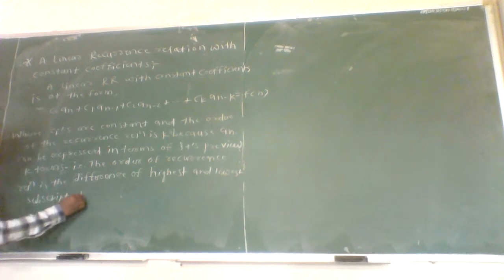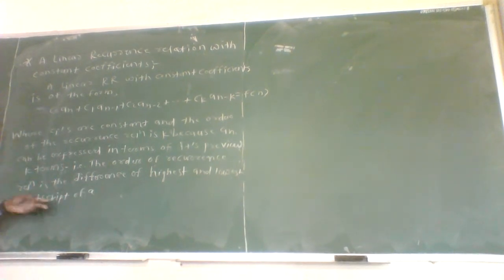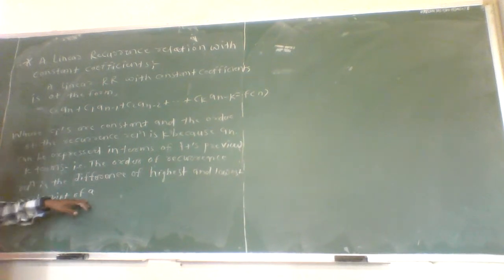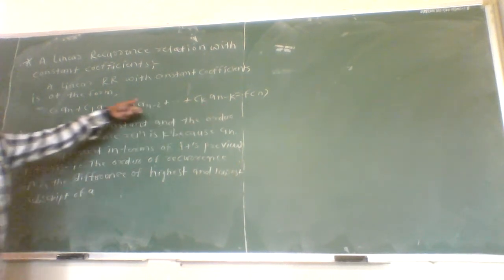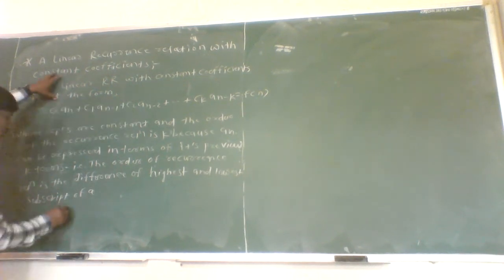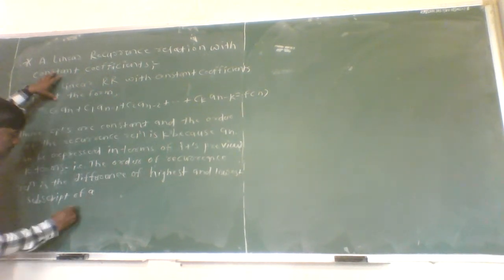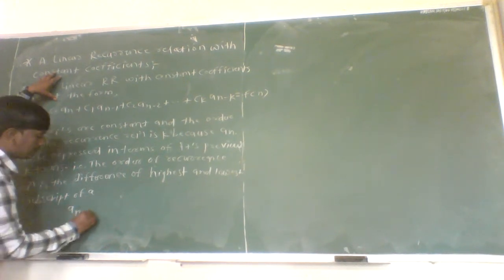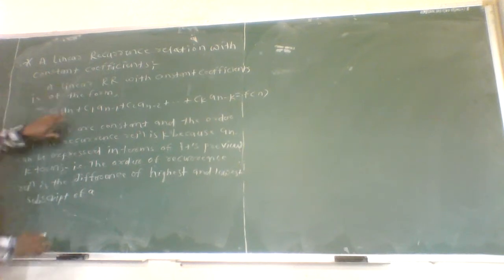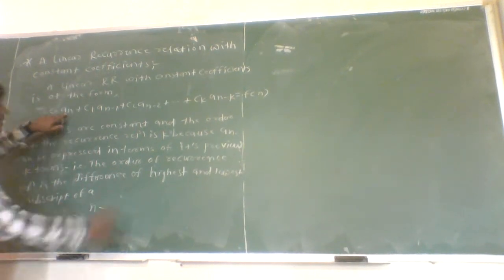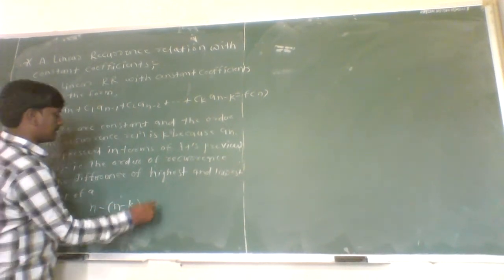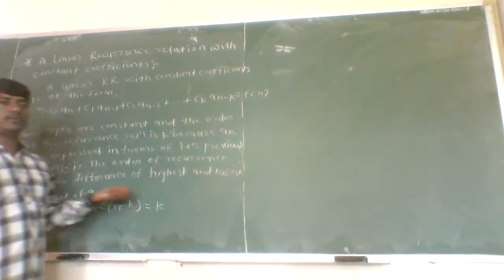The highest subscript of a is nothing but a_n, and the lowest subscript of a is nothing but a_(n-k). Therefore, its order is the highest subscript minus the lowest subscript, which is n minus (n minus k), and that is nothing but k. Therefore, the order is nothing but k.